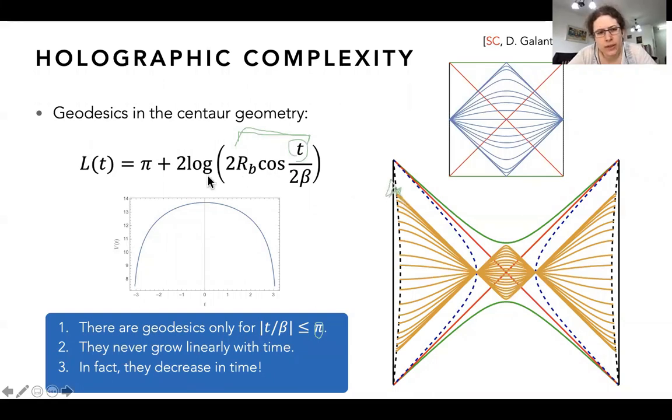Because at this point, naively, if you look at this approximation, the cosine is going to go to 0, and that's going to go to -infinity. But it's very obvious that it's not true. There is a correction here that prevents it from being true. This is because here I was assuming that R_B is much bigger. And essentially, I can tell you what happens in this limit because you can see it already from the drawing.